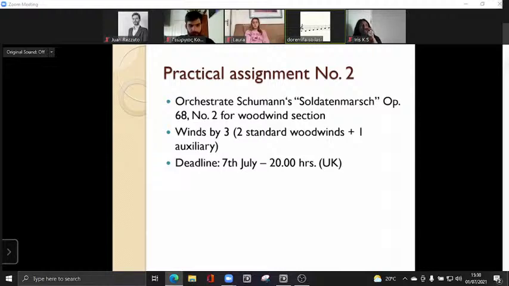For example, you can use 3 clarinets, 3 oboes, 3 bassoons, and so on. But for this assignment, you have to use 2 standard woodwinds, for example, 2 clarinets and 1 auxiliary, the bass clarinet, or 2 oboes and the English horn, or 2 flutes and the alto flute. So 2 standard woodwinds plus 1 auxiliary.